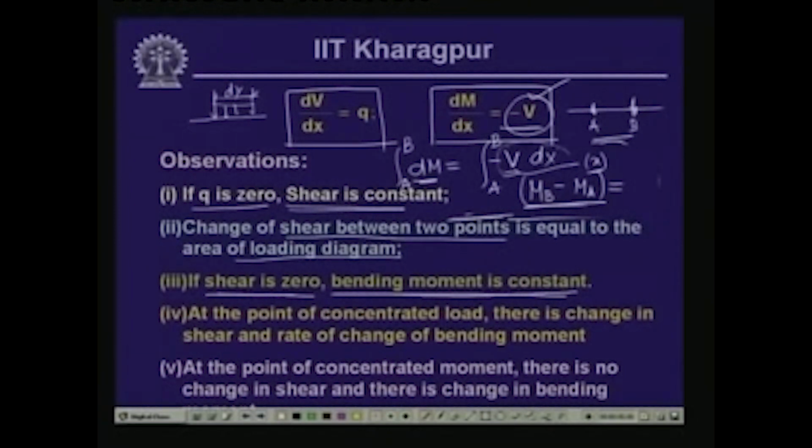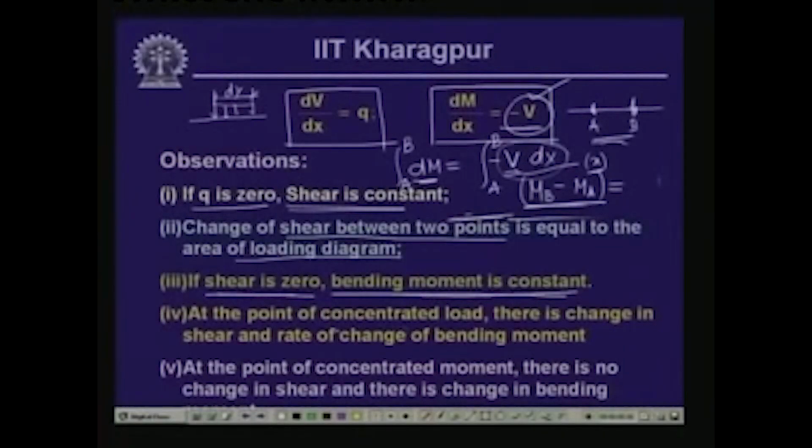So, when we try to plot the variation of the shear force, we can have a diagram of shear force, and that integral of V dx precisely indicates the area of that shear force diagram, and that in fact we will be looking into as we go along for the shear force and bending moment diagram.